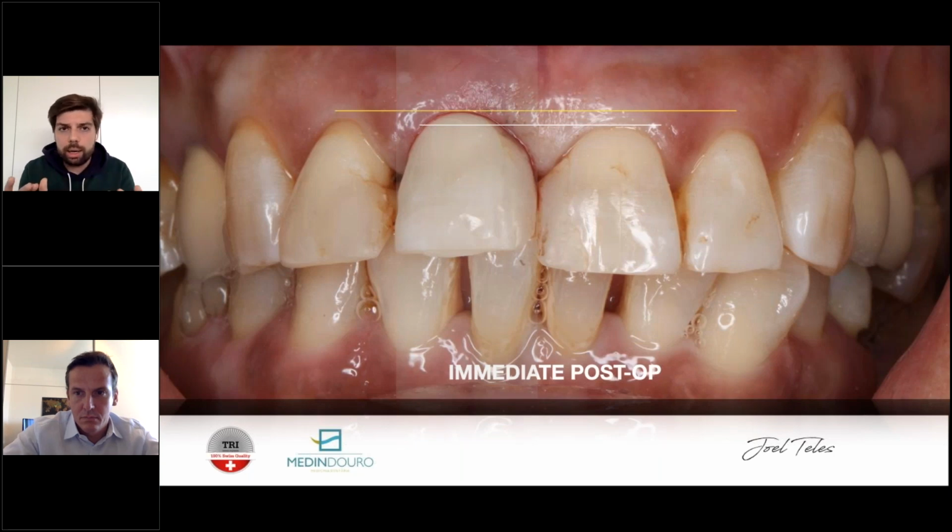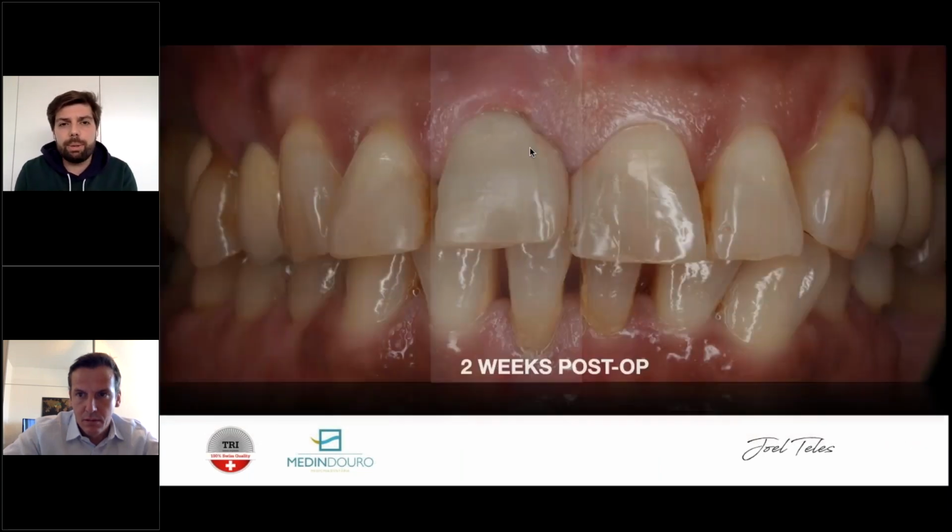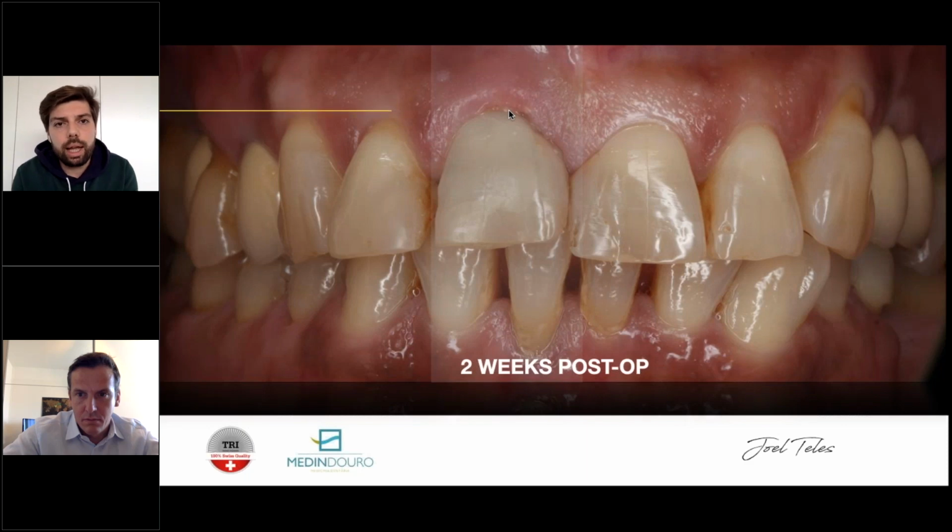We always try not to harm the tissue, and you can see that the biotype here is not that good compared to the rest. But I didn't do any grafts. Look at what starts to happen. In about 2 weeks, you can see the tissue forming and coming down, and you can see that the lines here are now closer to each other. So the gap is narrowing.